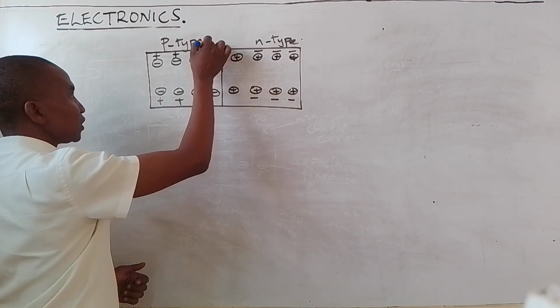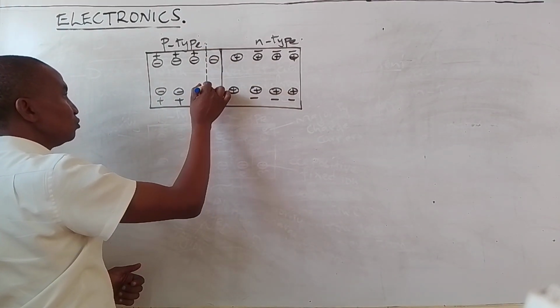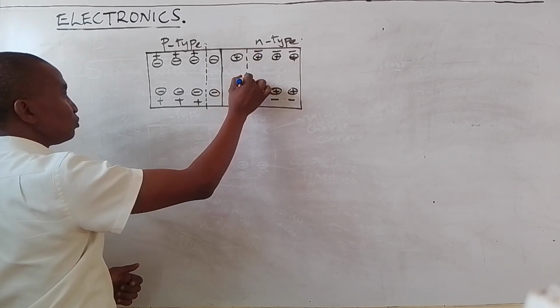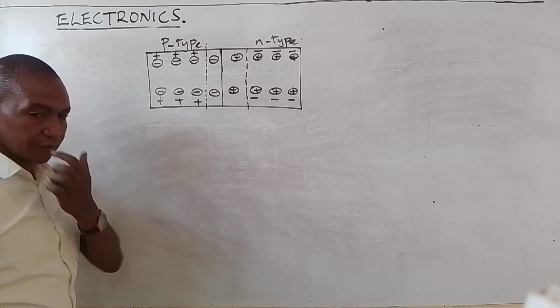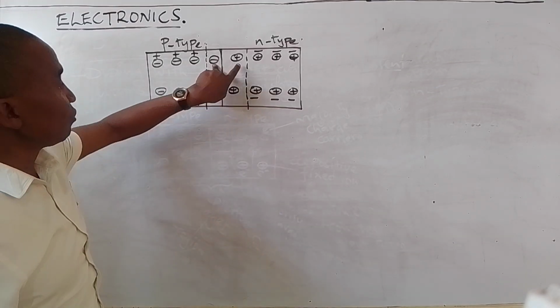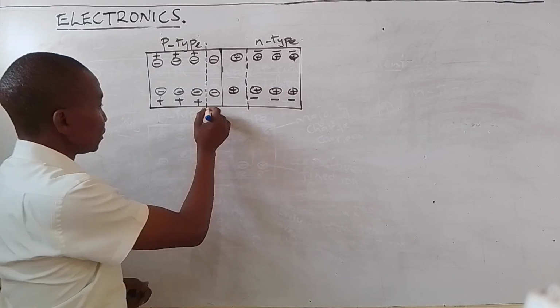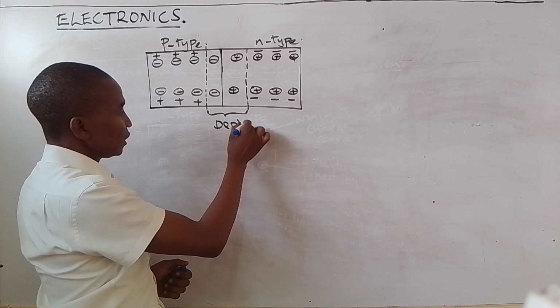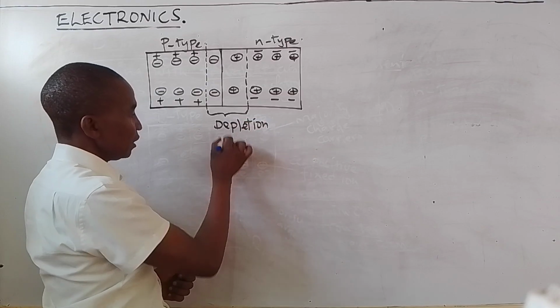But I want us to look at these two negative fixed ions in the p-type region and these two positive fixed ions. These have no covering charge. This is what I'm calling a depression layer.